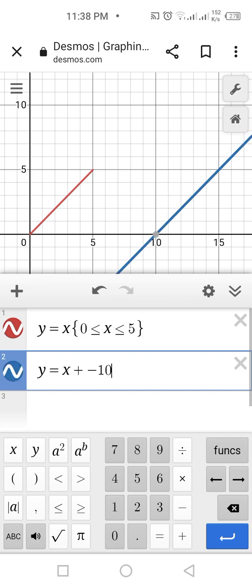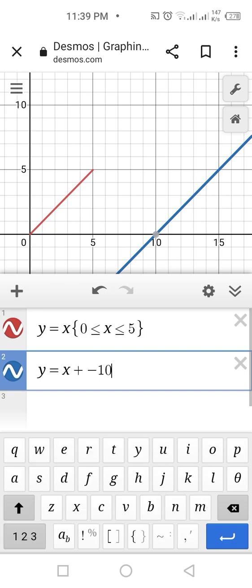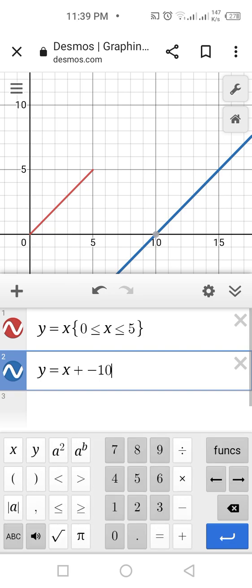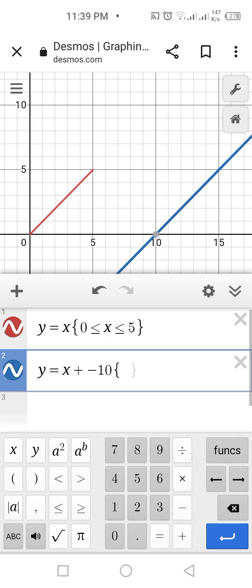If I break this from the x, same, 0 less than or equal to x less than or equal to 15. So here, what is the value of x minus 10?